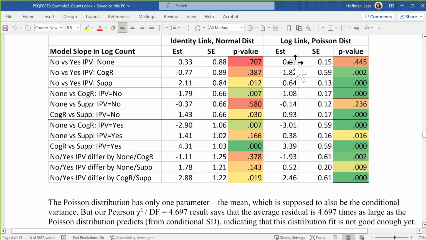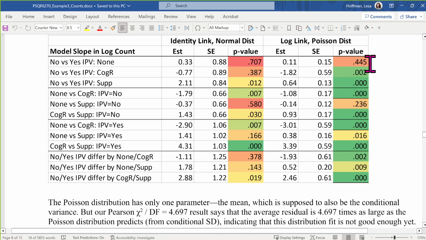That's why these estimates are very different. 0.33, for instance, translates into 0.11 because these are differences in log count, whereas the identity link is differences in the original count. The standard errors are different as a function of the differences in scale, as well as because we're using a Poisson distribution rather than a normal.